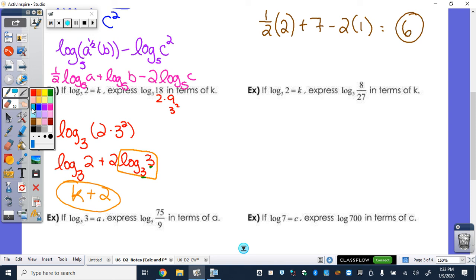So looking at our next one, how can we rewrite 8? It talks about a 2 over here, so kind of gives me a hint that I'm going to deal with 2, so 2 to the 3rd. How can we rewrite 27? 3 to the 3rd. And we got our log base 3 in front of it still. So expanding that out, what would that become?